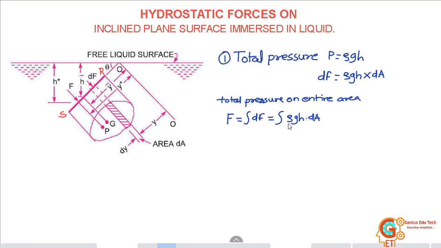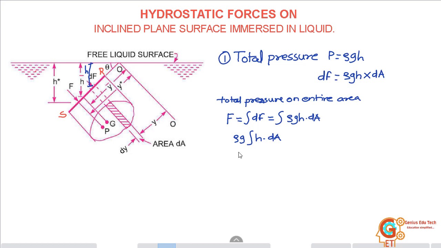As rho and g are constant, we will keep rho and g out of integration and will integrate h and dA. So h is nothing but the distance of dF acting on small elemental area, and dA is the area of this elemental strip.